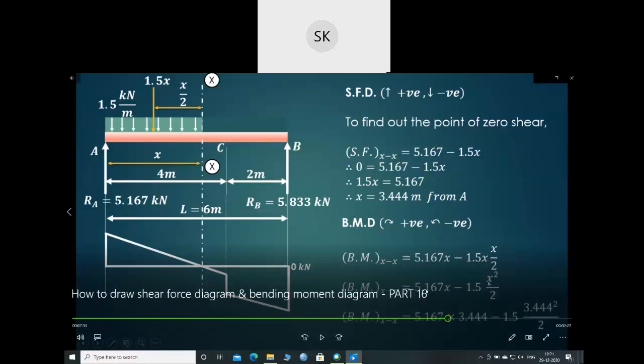Again, from C to B, your equation will be this one. The same value, RA into the distance. After solving, you will get this one.